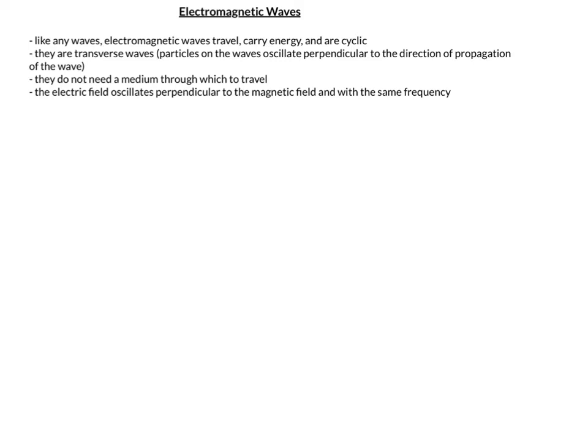So the electric fields and the magnetic fields oscillate perpendicular to one another, and they have the same frequency. Furthermore, the electric fields and the magnetic fields of the wave are in phase with one another. So they oscillate with the same frequency and in phase with one another.